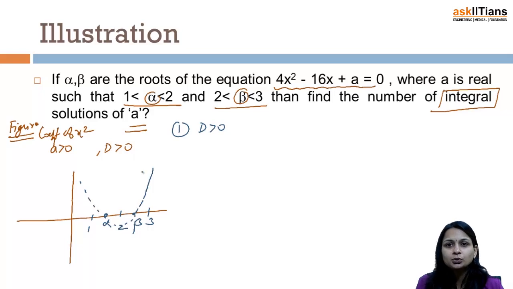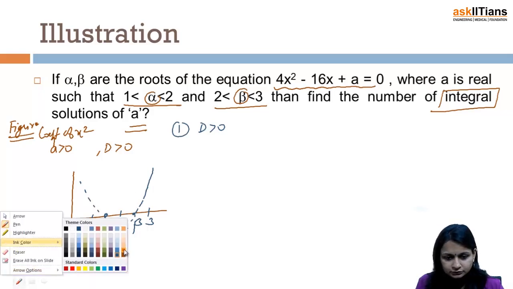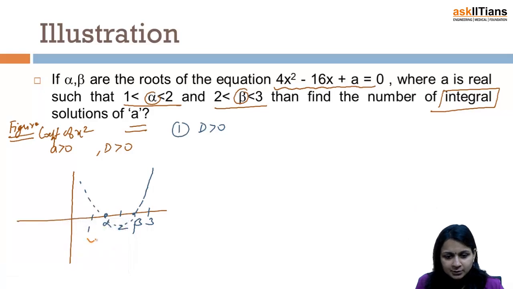Minus b upon 2a. Can I talk about minus b upon 2a? Anything that I can talk about minus b upon 2a? Okay, let's see. One root is lying between 1 and 2, another root is lying between 2 and 3. That is for sure, that both roots alpha and beta are between 1 and 3.